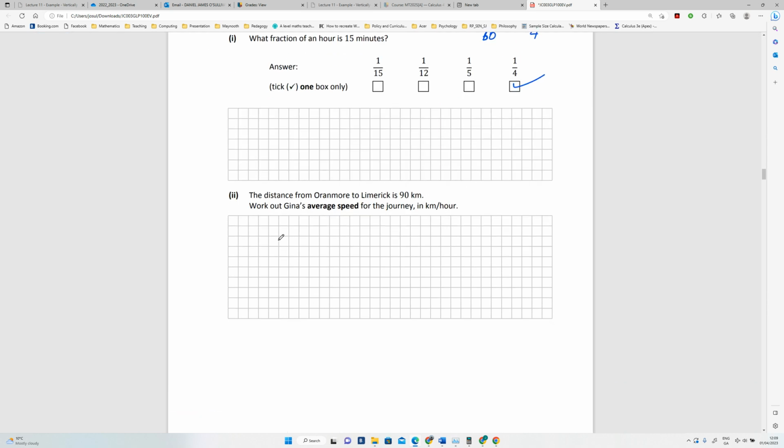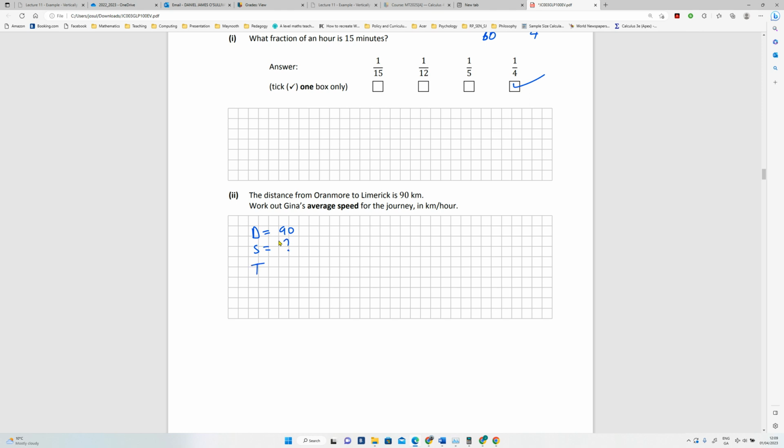Okay, that's that part. The distance from Oranmore to Limerick is 90 kilometres. So you need to work out her average speed. We know the distance, so D equals 90. Speed we don't know.